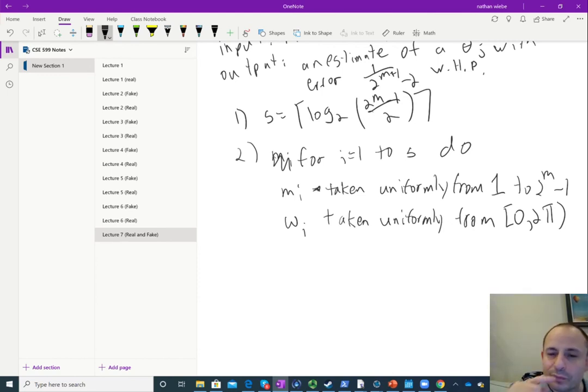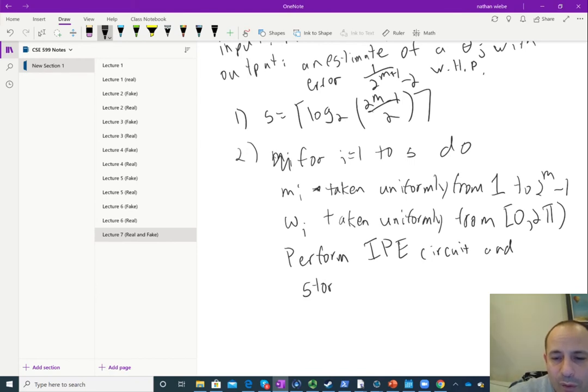And perform the iterative phase estimation circuit and store the result as E i.